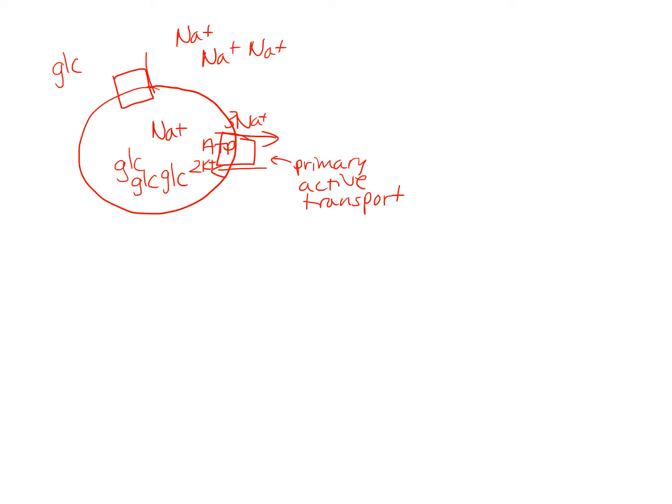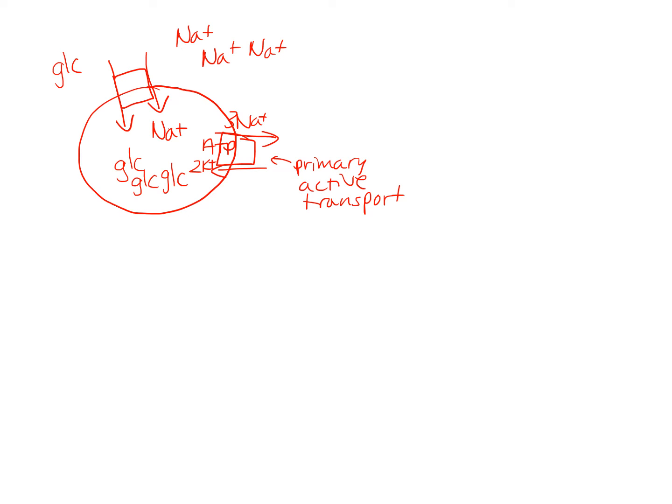So with this pump, we're going to be moving sodium into the cell. And at the same time that this transport protein grabs the sodium, it's also going to grab a glucose molecule as well. And so it ends up moving both of them into the cell. And if you look at the concentration gradients, you can see that sodium is going from high to low, so it's going down its gradient.